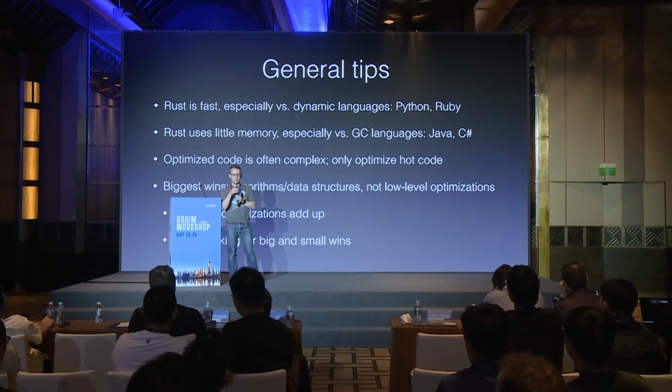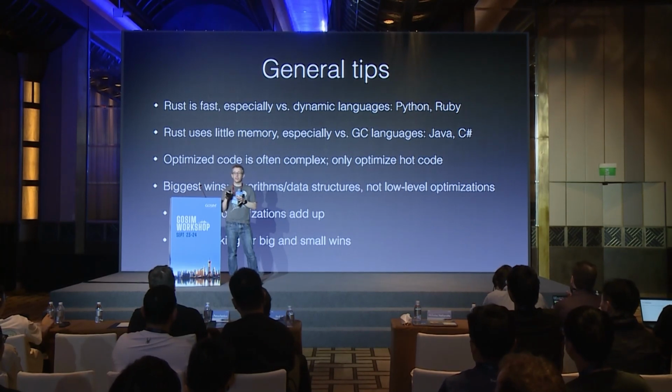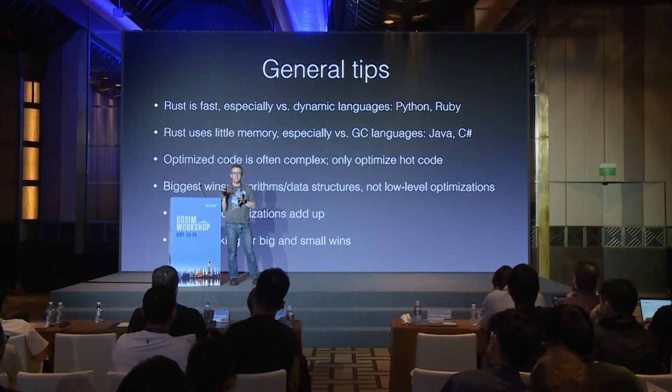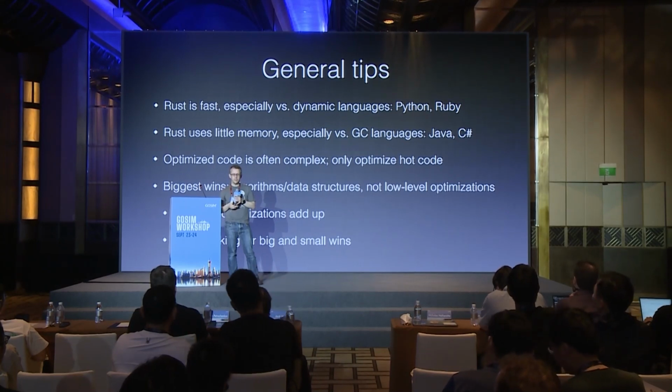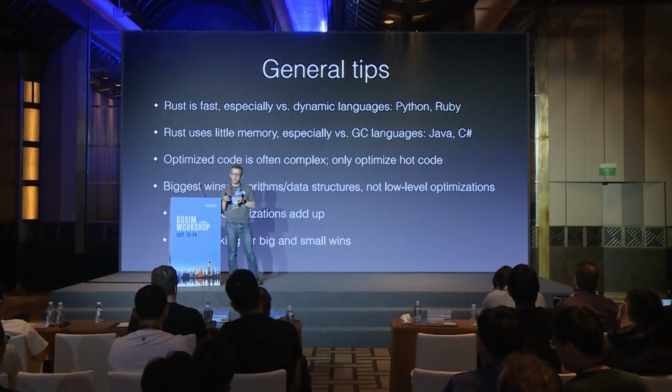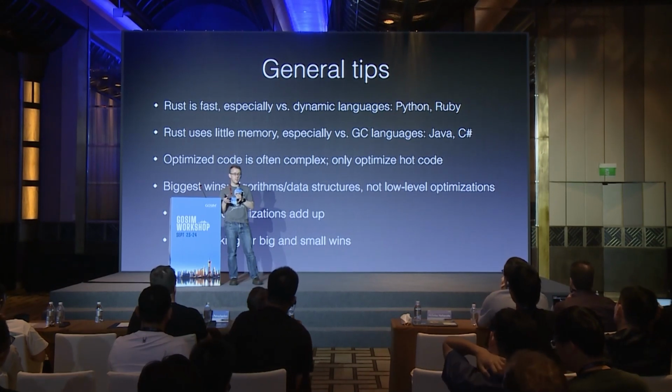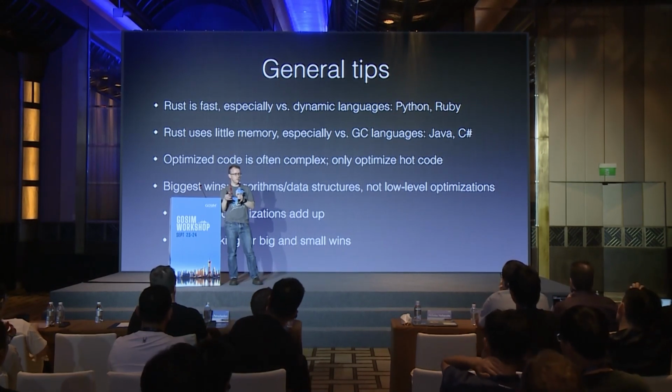So the first of these is something that Josh mentioned this morning, which is Rust in general is fast. And particularly if you come from dynamic languages like Python and Ruby, you might find it shockingly fast and not even need to do any of these more advanced techniques to be happy. And likewise, Rust also uses not very much memory. Languages like Java and C# tend to be quite a lot faster than, say, Python and Ruby, but because they use a garbage collector, they still use a fair amount of memory.